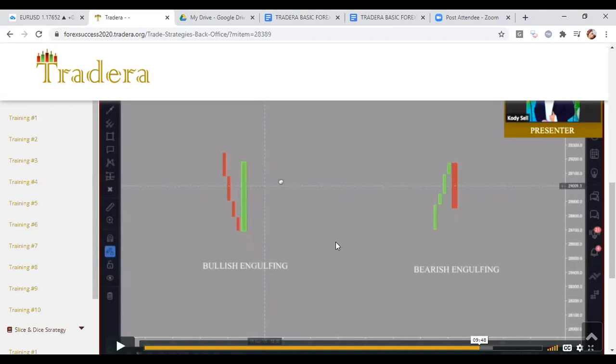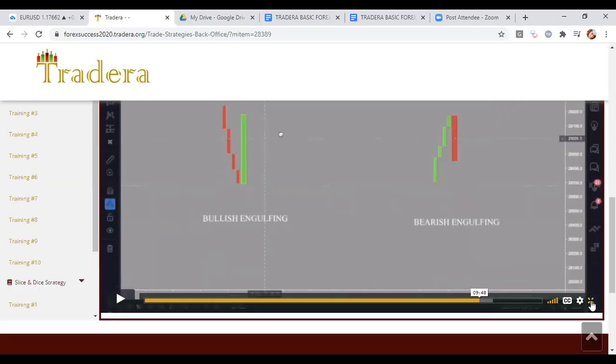The support, the resistance, everything. And we're about to go over it in the order in which you could do it to mark your charts up so that you'll actually be able to place a trade. We're about to do that right now. Okay, so everybody understand the bullish and bearish engulfing? Yes. All right.